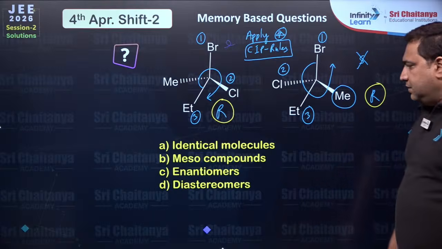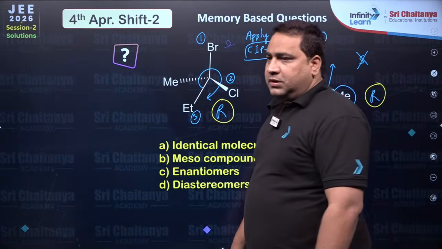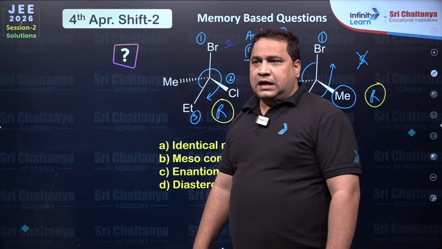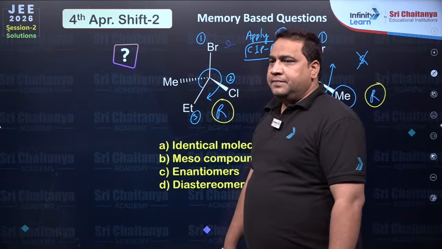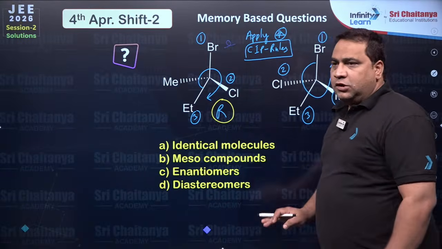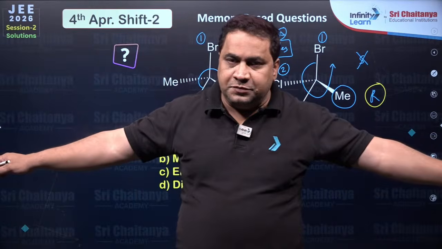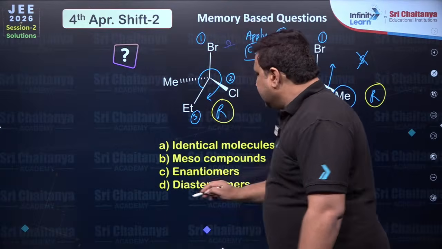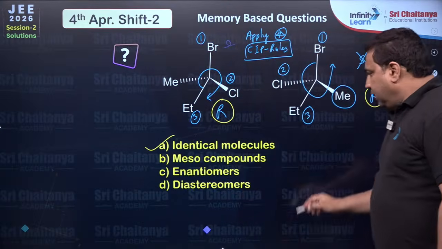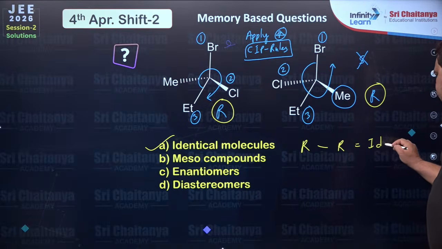Now all of you tell me the answer. With one chiral carbon there cannot be a diastereomer. Nihar, with one chiral carbon a diastereomer is not possible. Okay. I will tell you the final answer. Everyone listen. I don't know the structure because it is memory based. So imagine if both come RR, then they are identical. If one is R and the other is R, then you should call them identical.